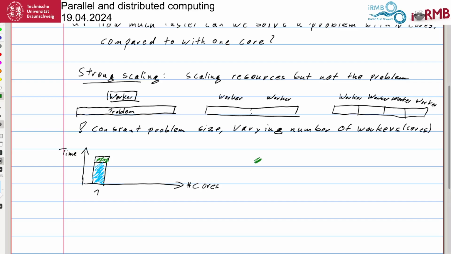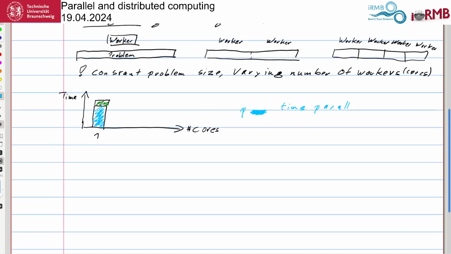This light blue part is something that we call P, and it is the time of the parallelizable, ideally parallelizable work.